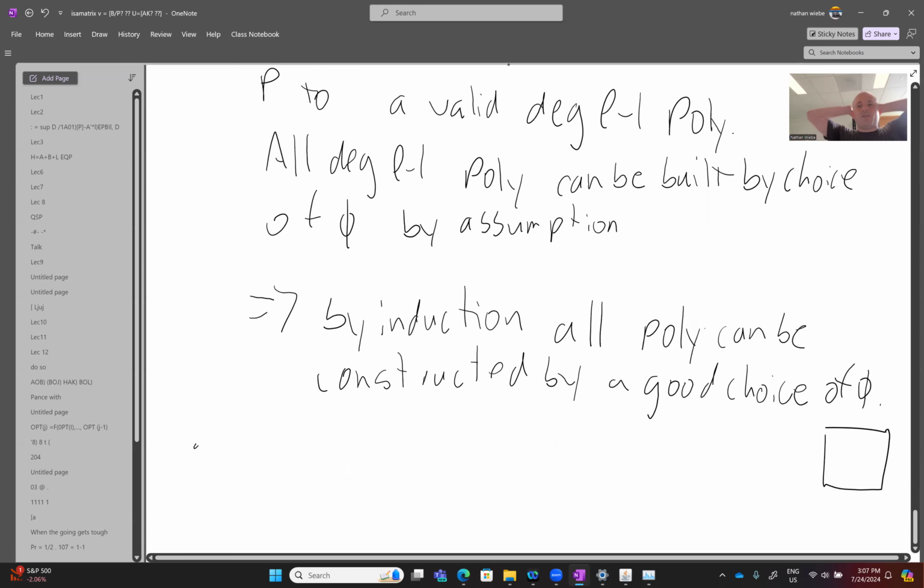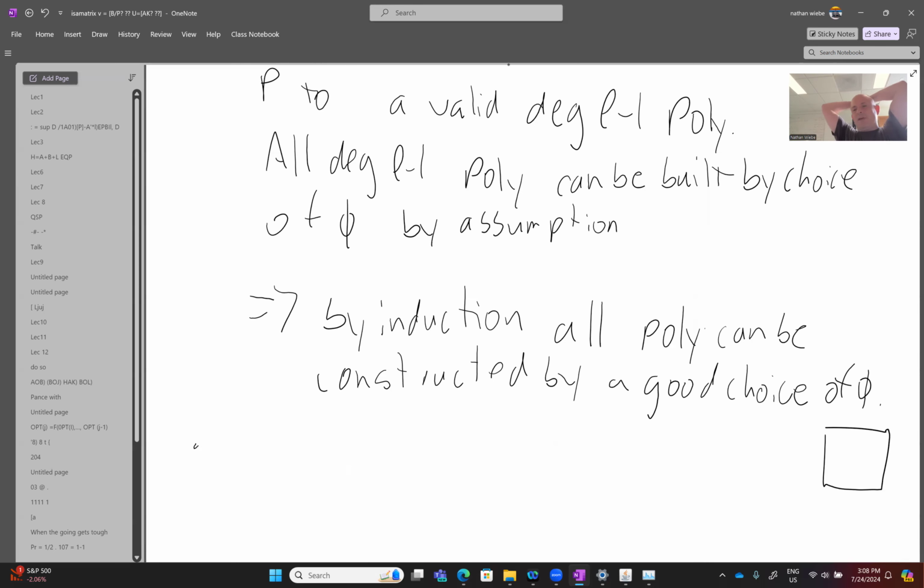So we've now shown that we can always pick, for every valid polynomial, the set of phi's. The way our proof worked was that we proved a base case, the trivial d equals 0 case. Then we showed that we can always take a higher degree polynomial and reduce it to a lower degree polynomial, and that's valid.